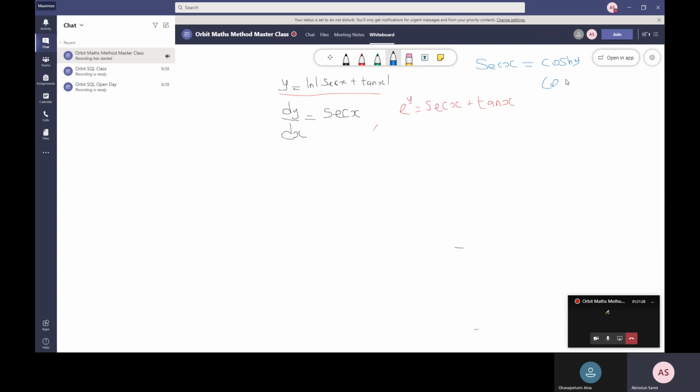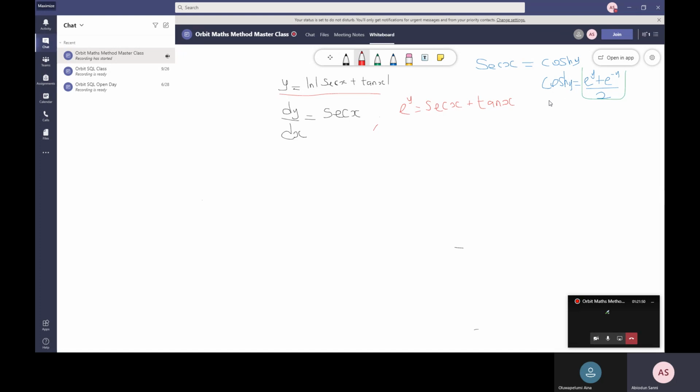Recall that cos y is exponential y plus exponential minus y, all over 2. If we can get to this point, then we have solved our problem.